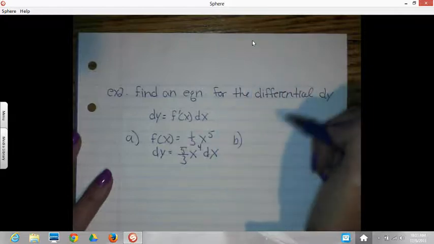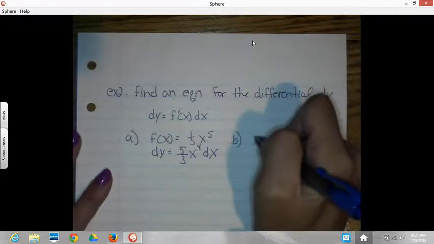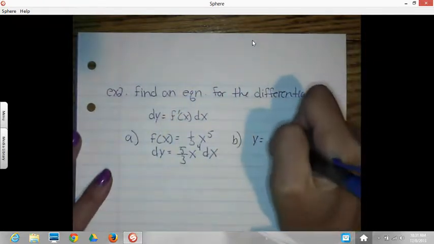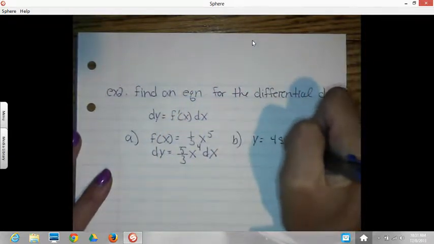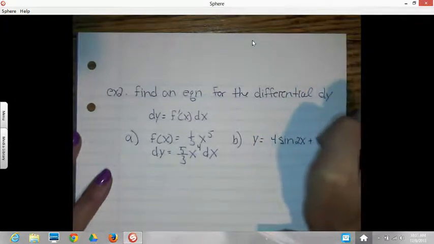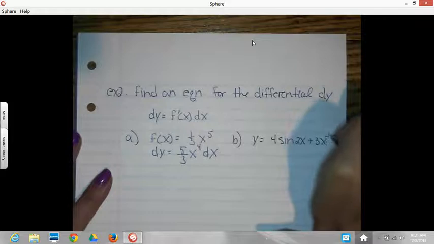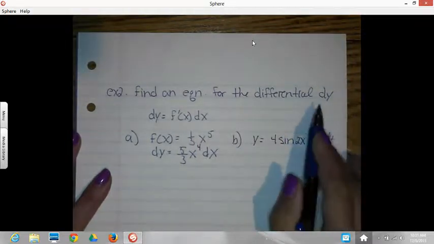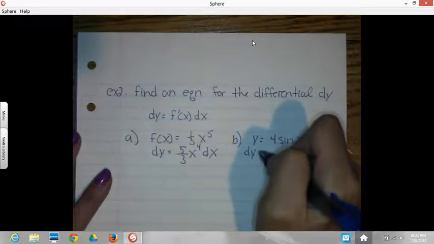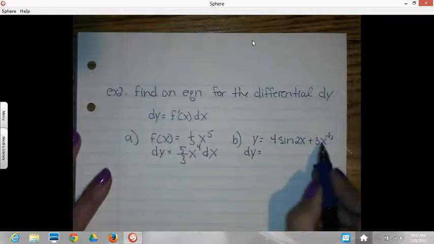If I had y equals, which y is another way for f of x, doesn't matter, 4 sine 2x plus 3x to the negative 1/2, and I want the differential dy, I've just got to do the derivative of this and times by a dx at the end.